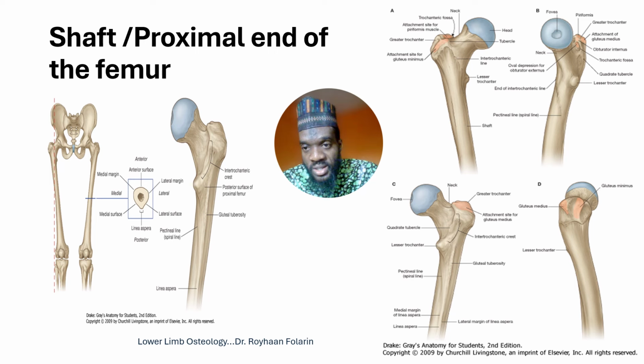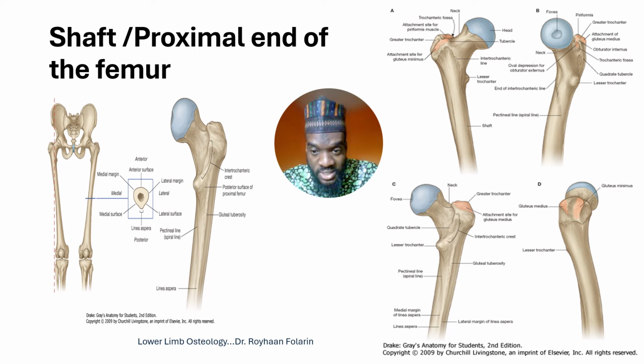So here is a quadrate tubercle. Okay, the quadrate tubercle, and then we have the trochanteric fossa deep to the greater trochanter. You can see the fovea for the attachment of the ligament of the head here. You see some other muscular attachments too around here. So here is for the gluteus maximus, gluteus minimus, and here for the gluteus medius.